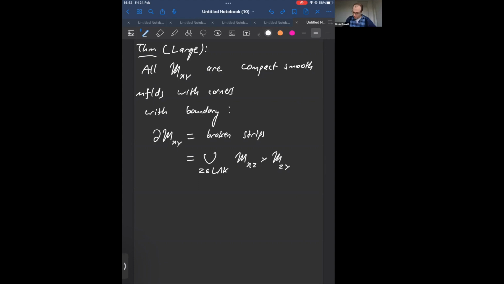Not only does he prove this, but he also proves that if we assume star, this very strong condition about tangent bundles on all of the Lagrangians and X, then all the MXY are stably framed.